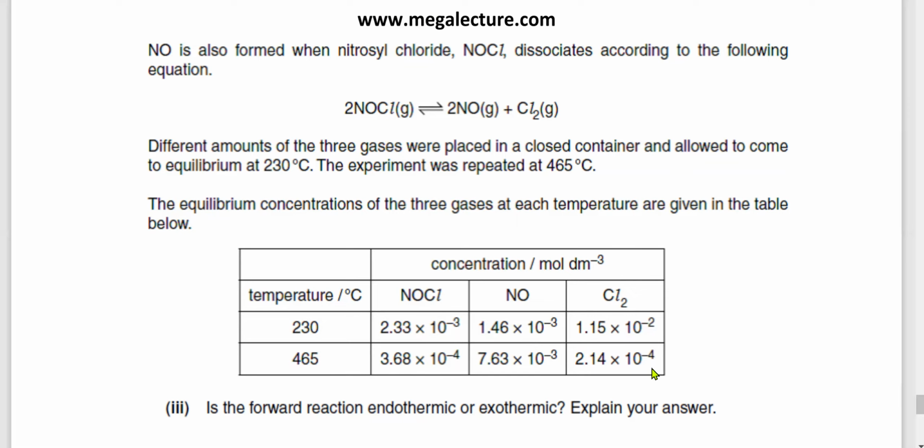So that means you're getting less products, right? So is the forward reaction endo or exo? You get less product at a higher temperature, which means it does not like a high temperature. So you're going to have negative enthalpy, so it's going to be exothermic. Yeah, that's fine.